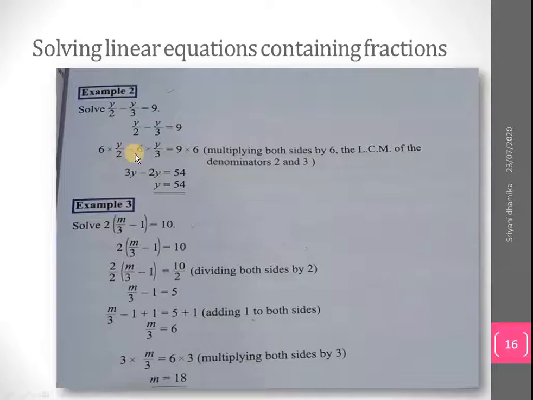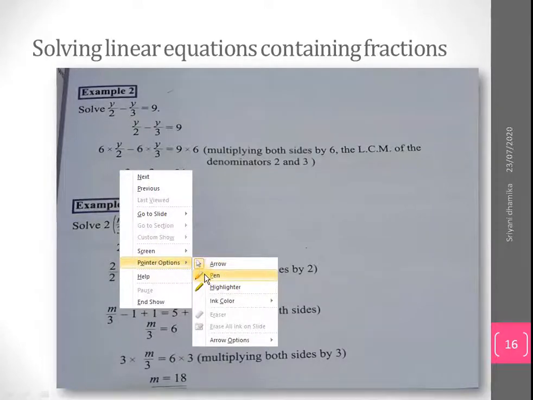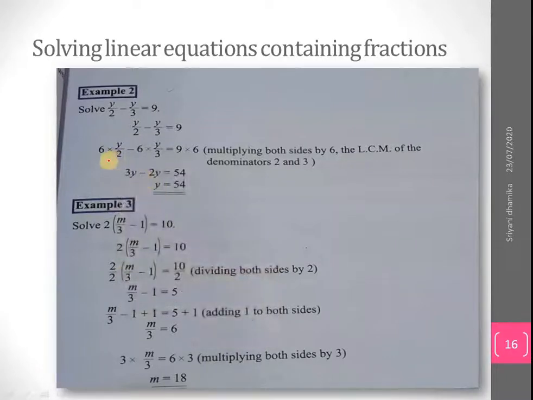Then we can simplify here. Now here 2 times 1, here 2 times 3.